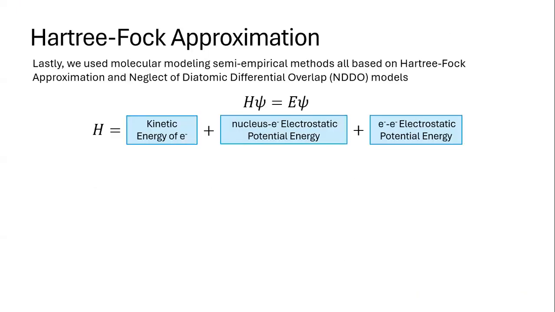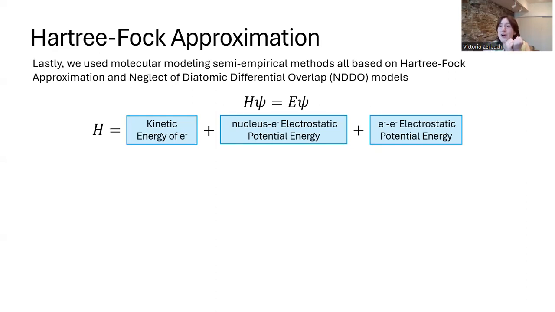And then finally, the last calculations we did, using the Hartree-Fock approximation, essentially use molecular modeling, several empirical methods based on the Hartree-Fock approximation and the NDDO models. So to find energy, you would have to use the Schrodinger equation with the Hamiltonian. But the last term of the Hamiltonian is this electrostatic potential energy.